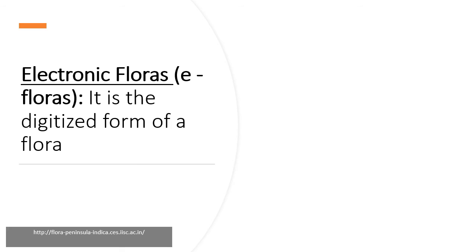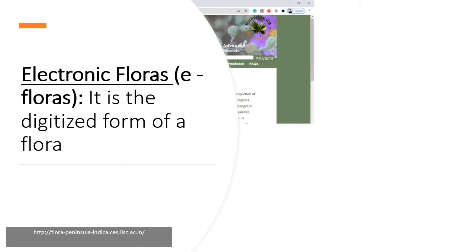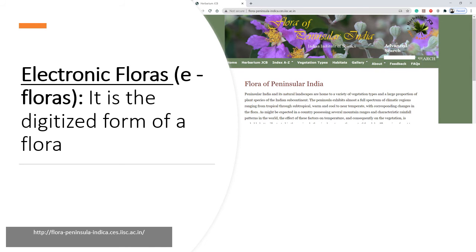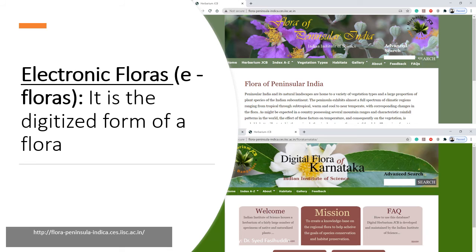This is another category of floras, that is the electronic floras, also called digital flora. It is nothing but the digitized form of a flora. For example, Flora of Peninsular India, maintained in the Indian Institute of Science. Similarly, Digital Flora of Karnataka is another example.